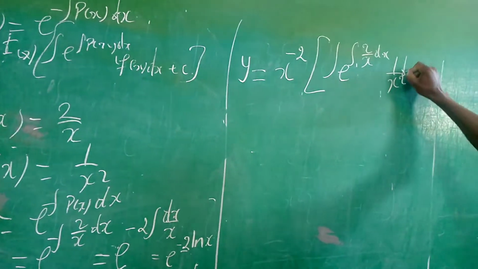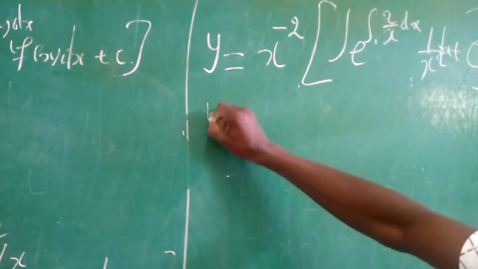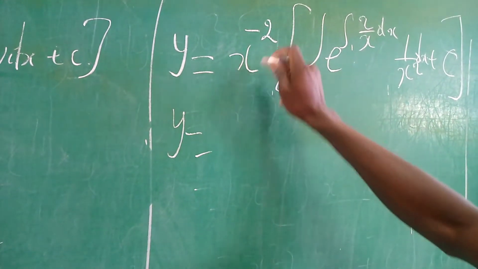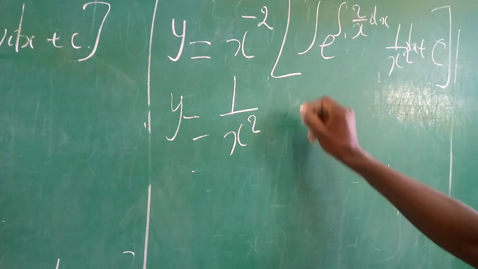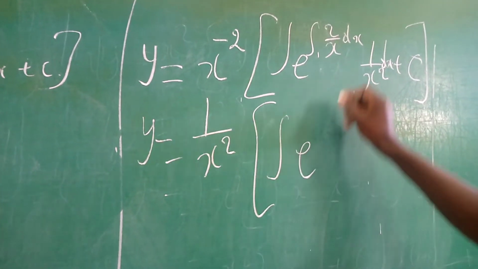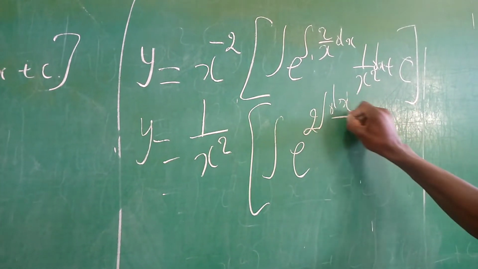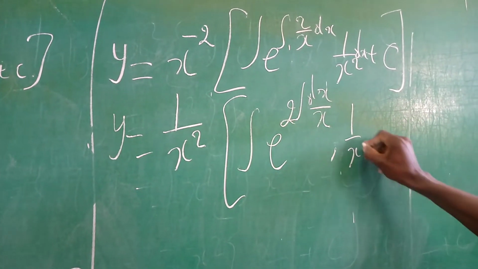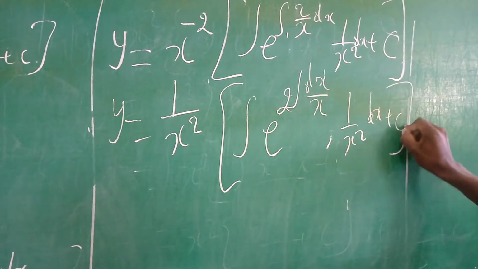Here there is dx. Then how to do this? We remain with y equal to, this can be written like this, 1 over x squared, and then we multiply with integral of e power 2 integral of dx over x times 1 over x squared dx plus c.